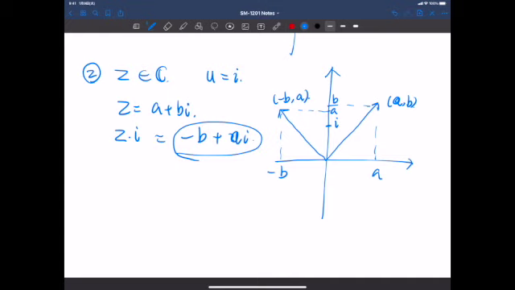Now consider the distance between this point and this point.